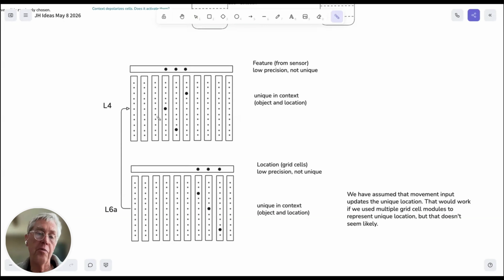The real learned associations are shown here in this arrow between layer 4 and layer 6A. Oh, okay, I see. So you weren't thinking of recurrence within L6A. Here, it's sort of saying that up here I have a pattern in layer 4. These are the mini columns that are active. That isn't unique enough, so in some sense all the cells are sort of bursting in there.